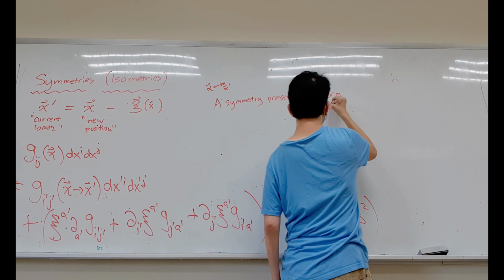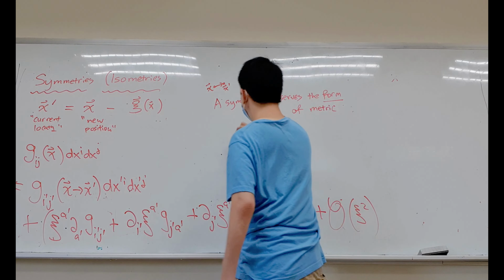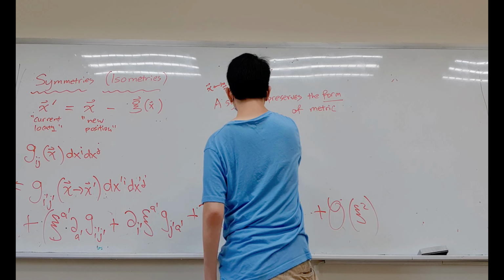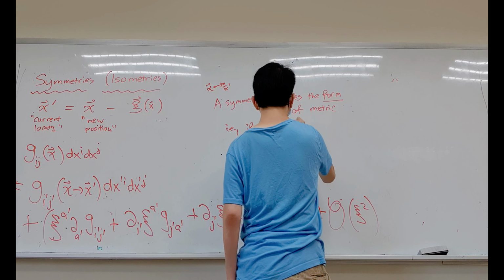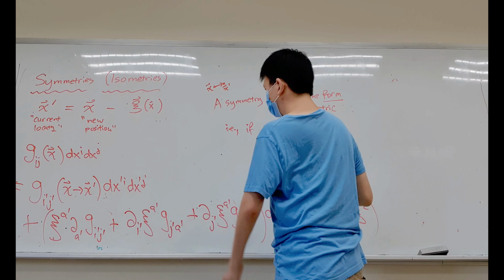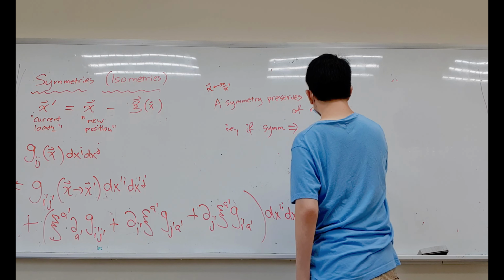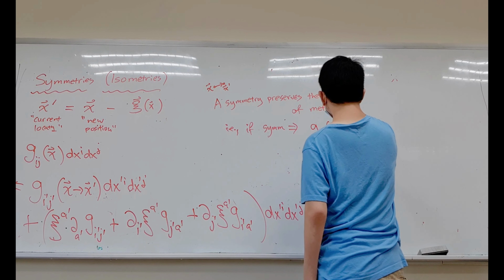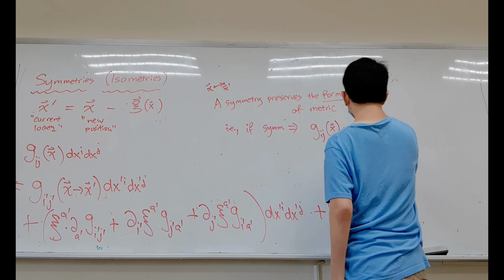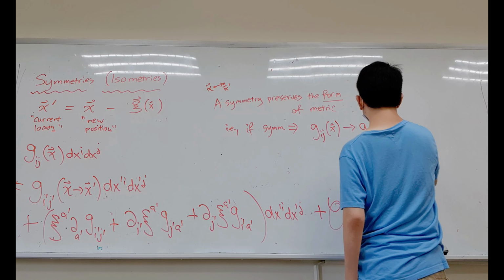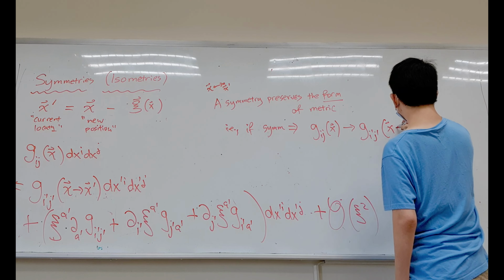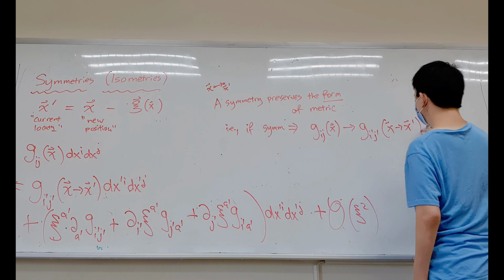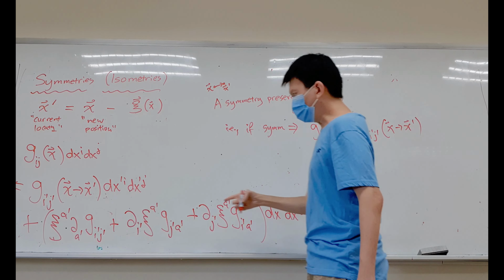So if there's a symmetry, then we expect that G_ij of x will be transformed into G_i'j', component for component, except that now x is going to be replaced with x prime, which, by the way, is exactly the first term.